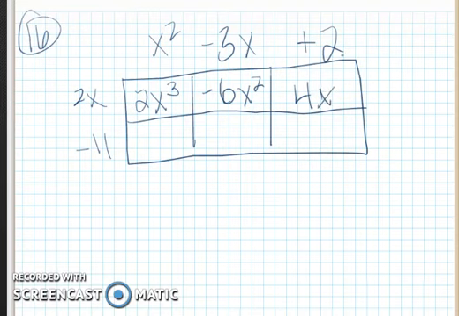X squared times negative 11 is negative 11x squared. This is going to become a positive 33x, and this one's going to be a minus 22.